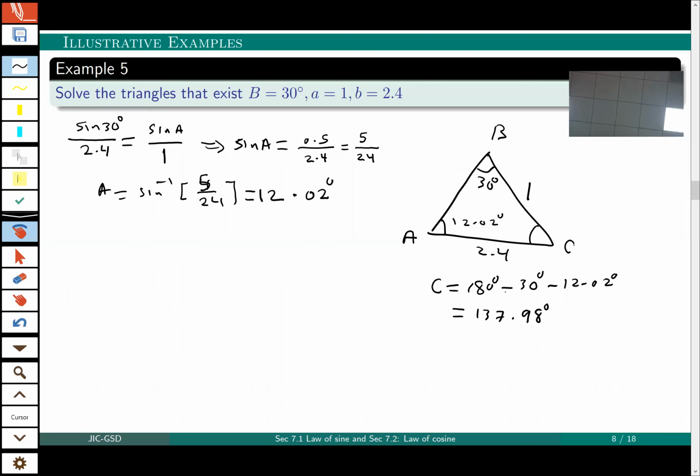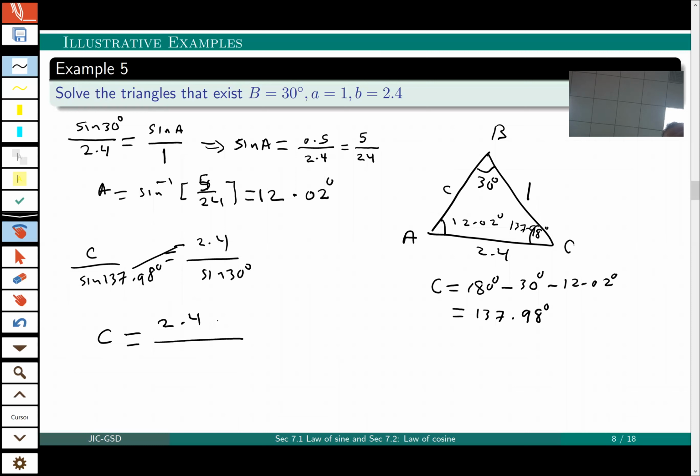Once I know that, I can find the side C, because C over sine 137.98 degrees should equal 2.4 divided by sine 30. So C will equal 2.4 sine 137.98 divided by sine 30 degrees.